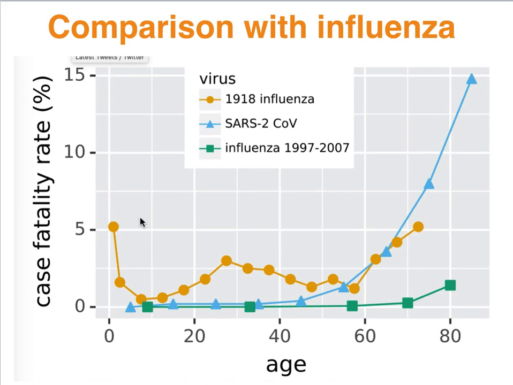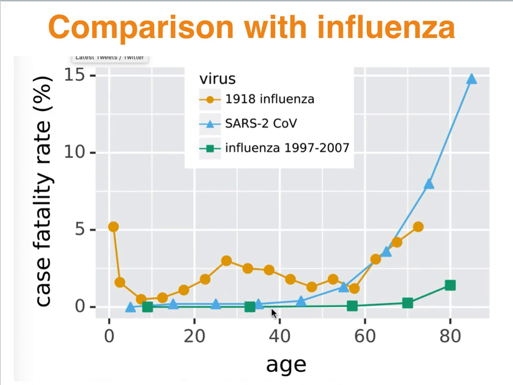So another comparison with influenza is interesting, because in this graph the mortality of the novel coronavirus is plotted against age for two types of influenza viruses: normal seasonal influenza virus, but also the Spanish flu that caused so many people to die after the First World War.